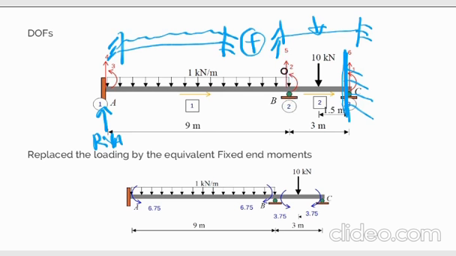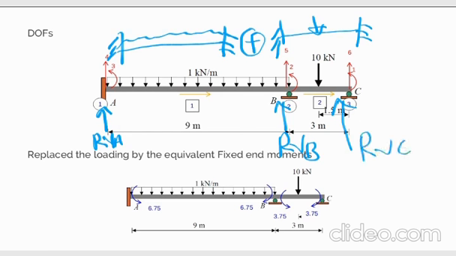Here at B we have R vertical B, and here R vertical C. And here we have a moment, and here a moment, and here a moment.